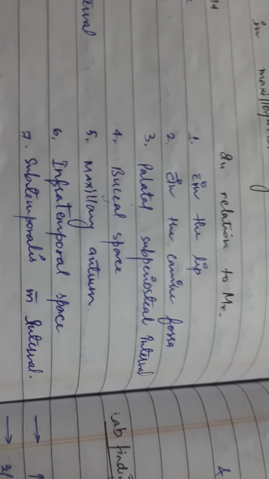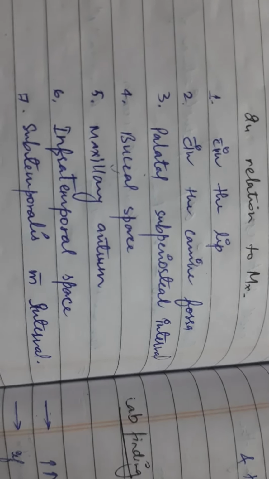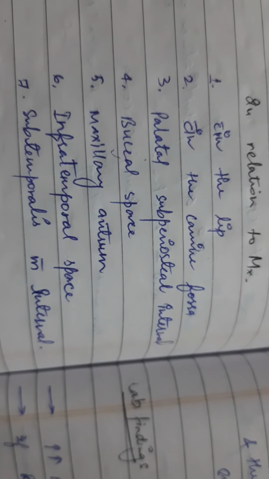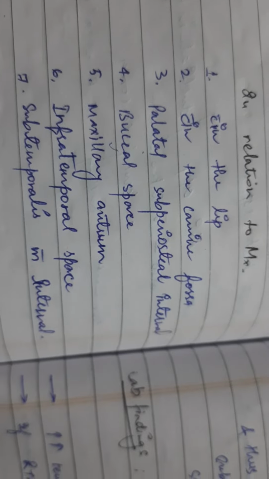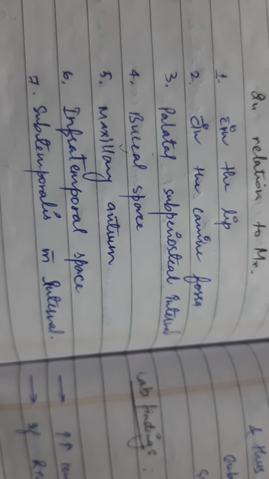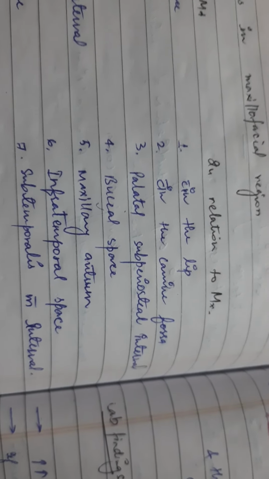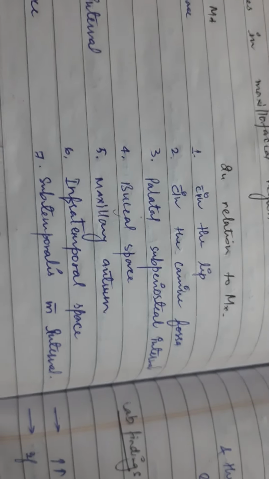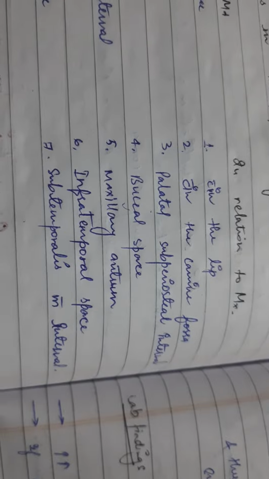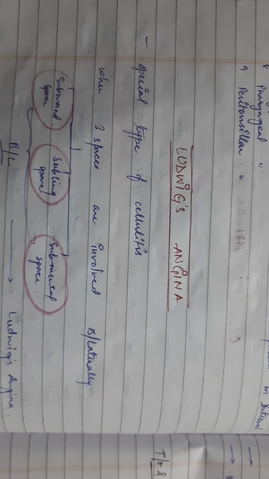In relation to the maxilla: canine fossa, palatal subperiosteal space, buccal space, maxillary sinus or antrum, infratemporal space, and subtemporalis muscle space.